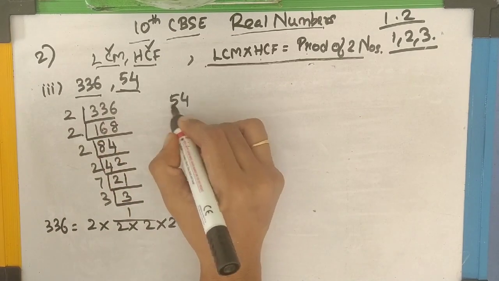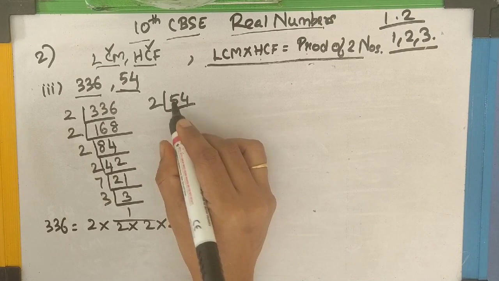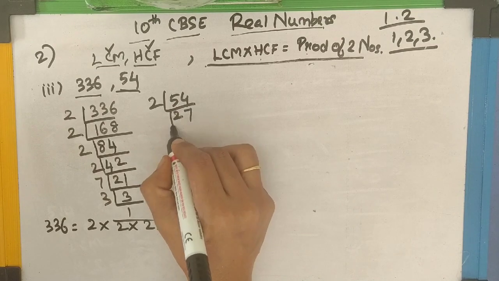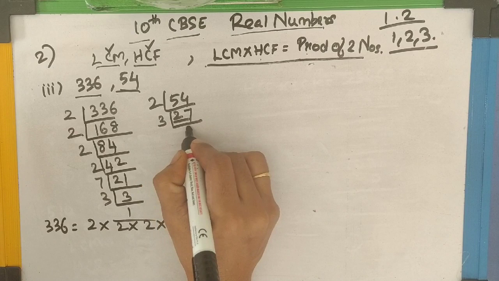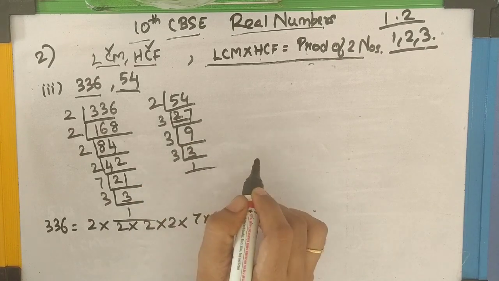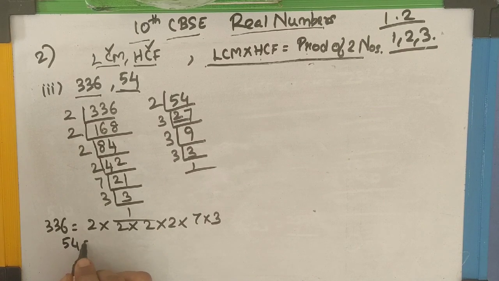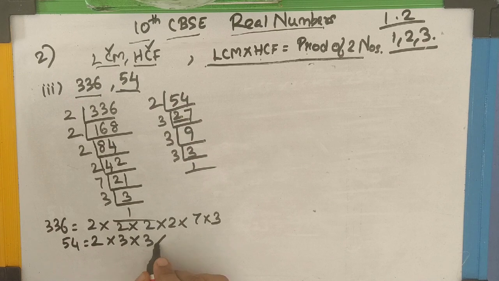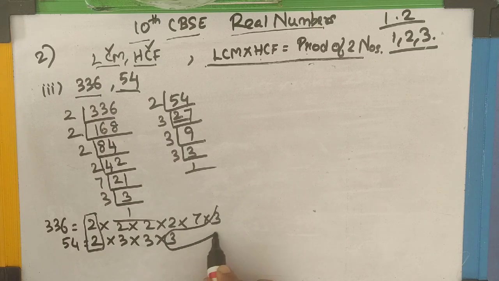Okay. Now factorize 54. Divided by 2 I get 27. Divided by 3 I get 9. Again I divide by 3 and I get 3. So 3 is a prime number, so I have to end it with that. Now write the prime factors of 54. That is 2 into 3 into 3 into 3. Here what are the common terms?